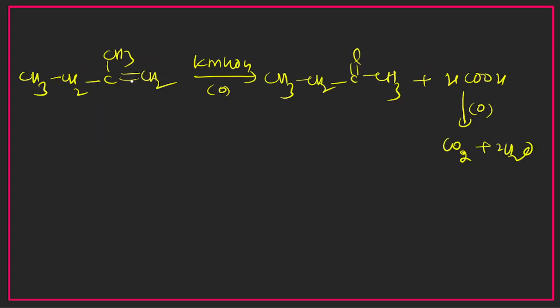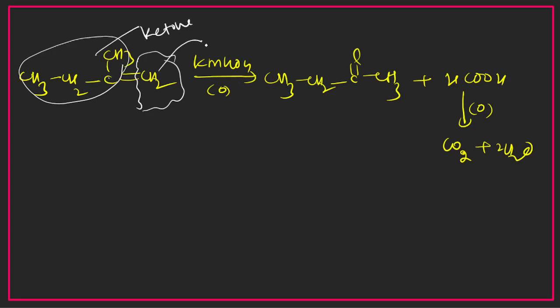Have a look at this alkene. Breaking off, so more alkyl substituent. It is CH3 with CH2CH3. This part is converted to ketone.